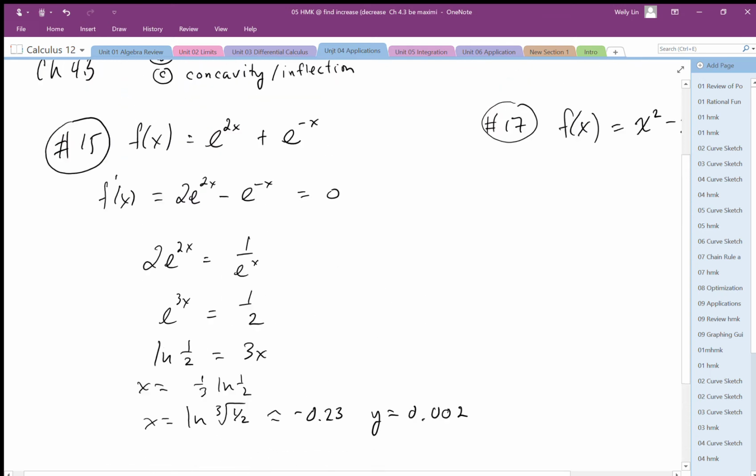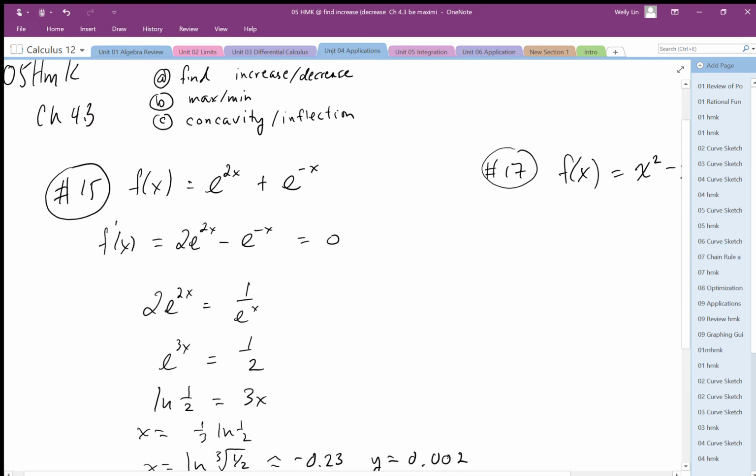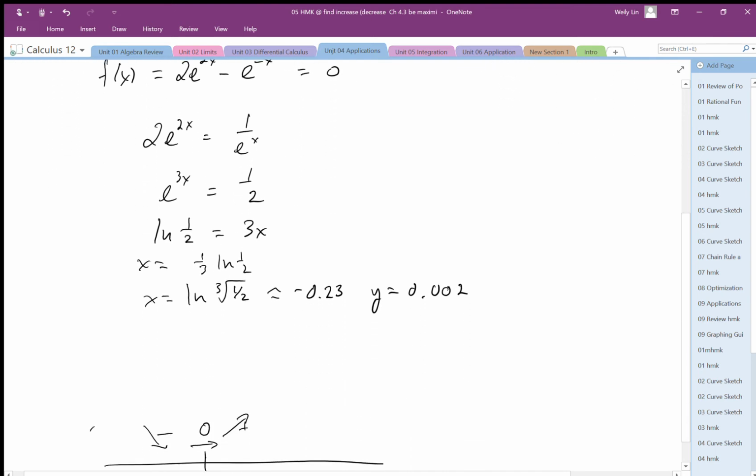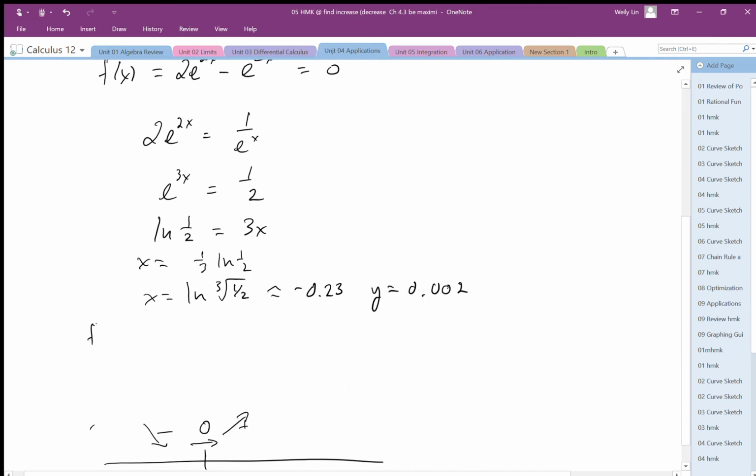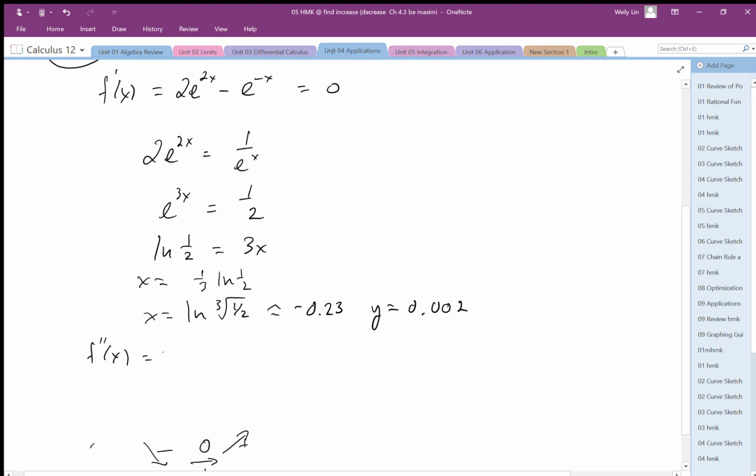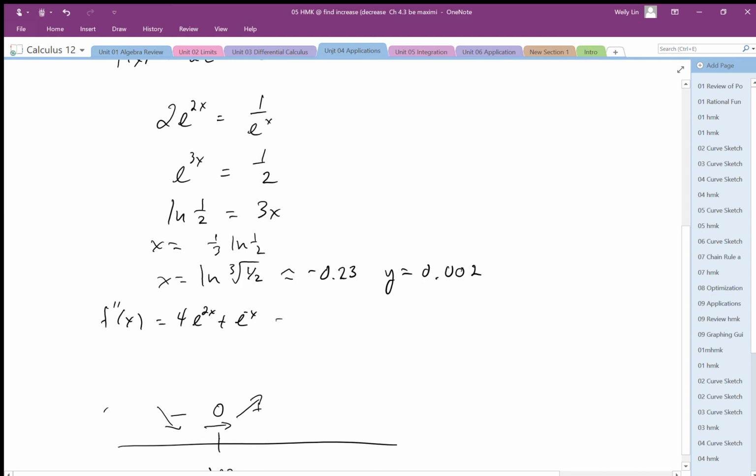Okay, so it also asks for concavity and inflection. Okay, so I want to find my second derivative. My second derivative works out to be 4e to the 2x plus e to the negative x. Again, I want to solve for where this is equal to 0, so I end up rearranging this.